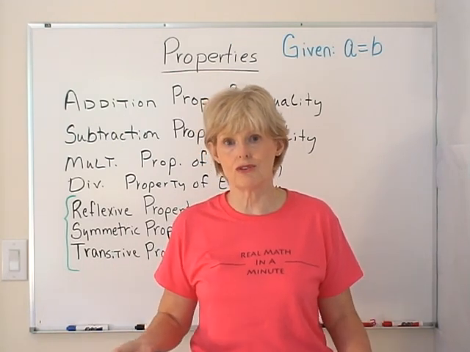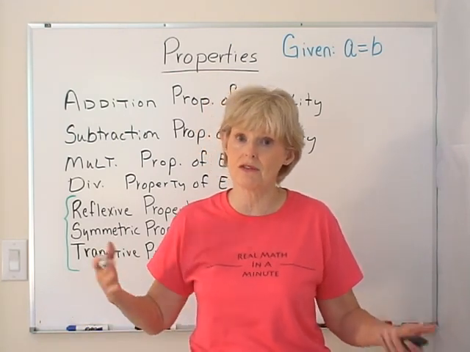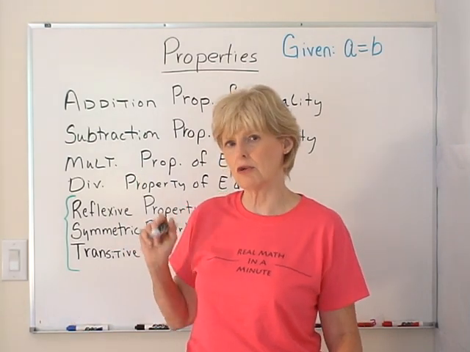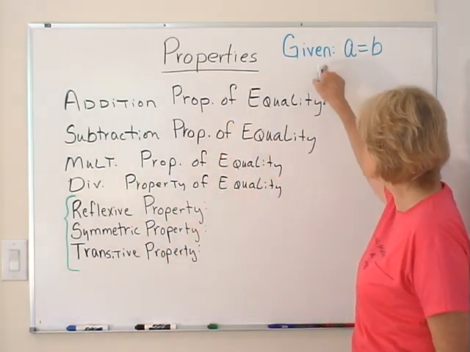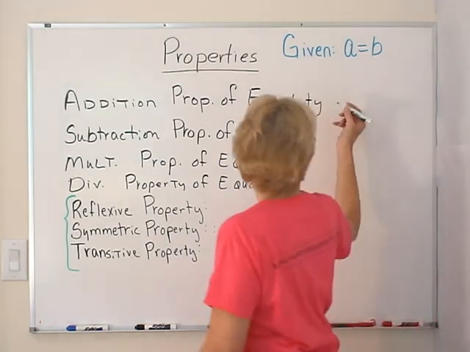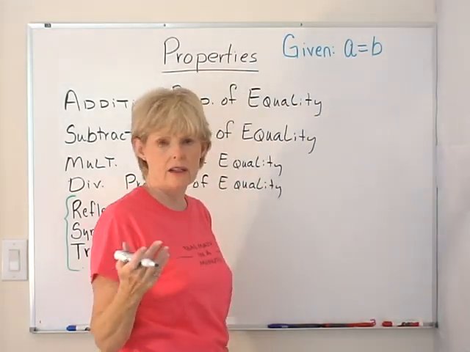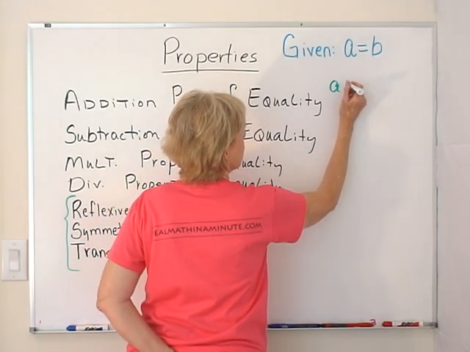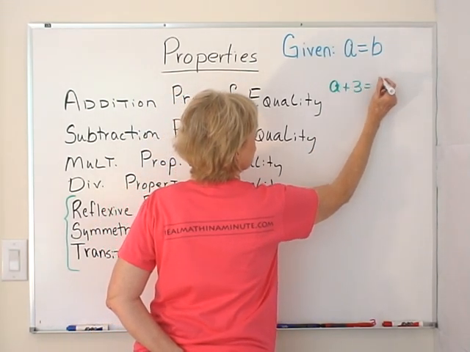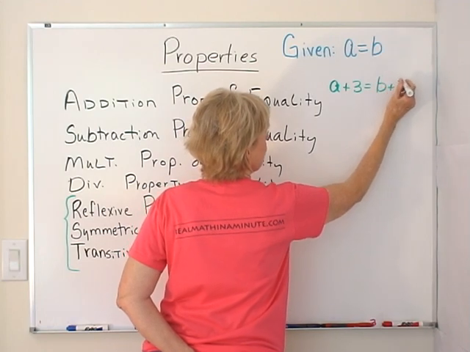Certainly you know that you do that all the time in algebra. You add the same thing to both sides, and that is what this property really states. If you have A equals B and you want to add, let's say, 3 to both sides, then you could say A plus 3 is equal to B plus 3.